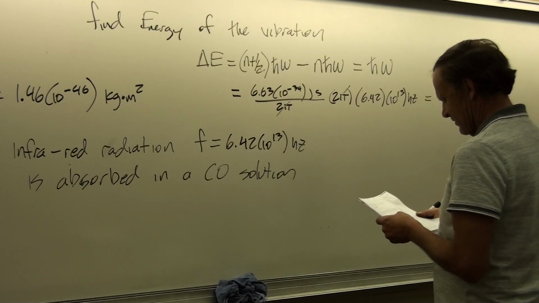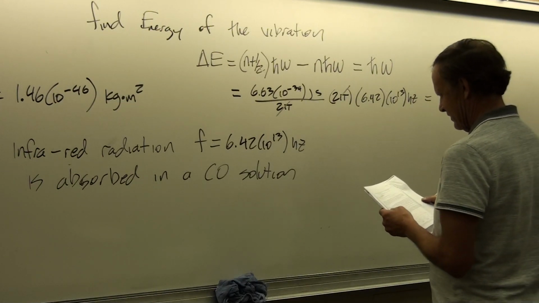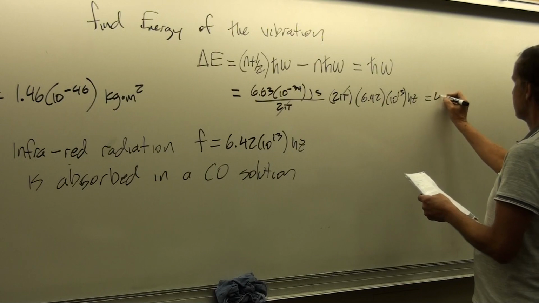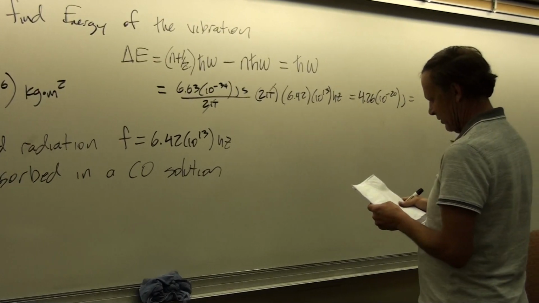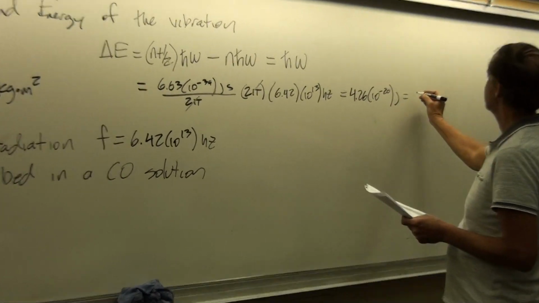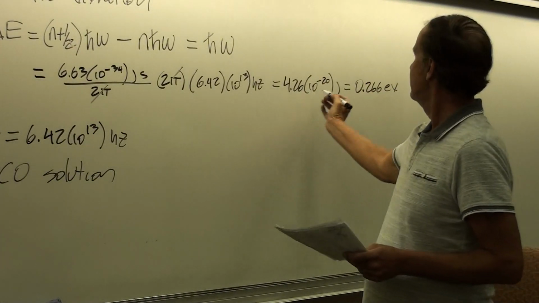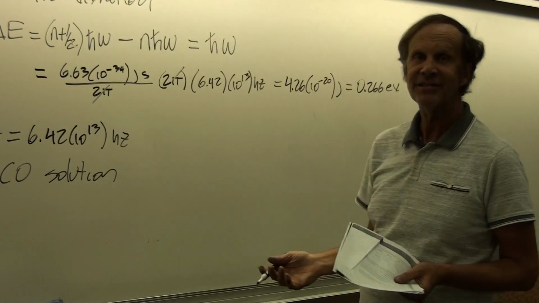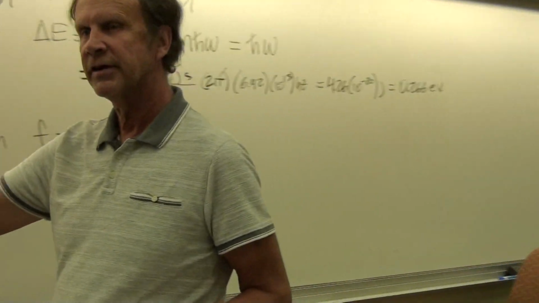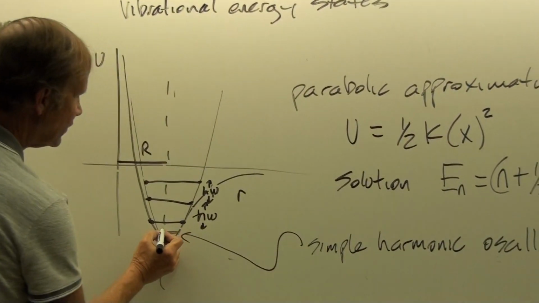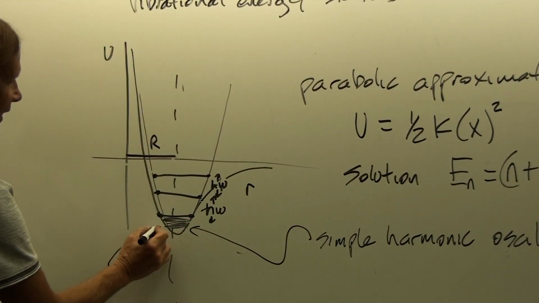So that gives us an energy then of 4.26 times 10 to the minus 20 joules, or that's equal to 0.266 eV. Okay, so now we're on the order not of 10,000ths of an eV, but more on the order of electron volts. And so back over here, we can see then that between each state of vibrational energy, we've got maybe 1,000 rotational states.